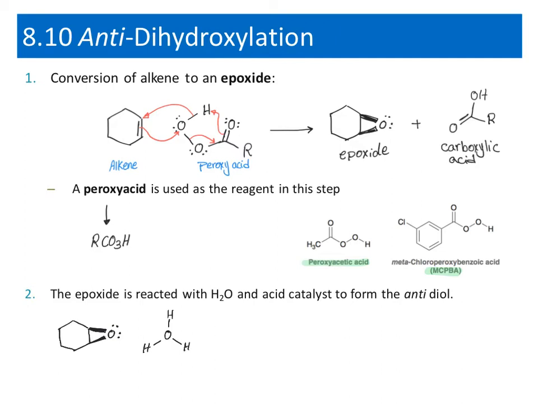The oxygen on the epoxide will act as a base and take the proton from the acid. So this step is a proton transfer step, and we are going to form this intermediate.